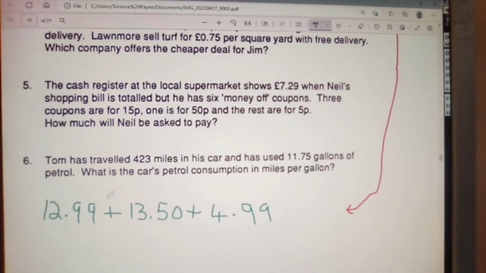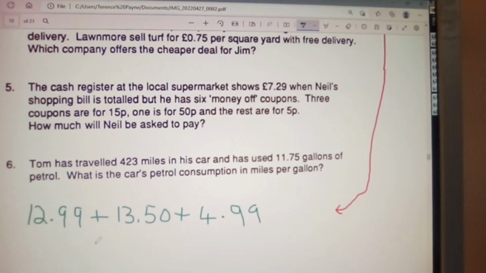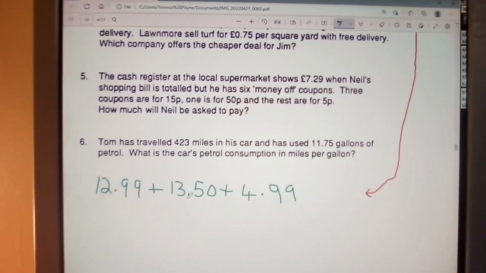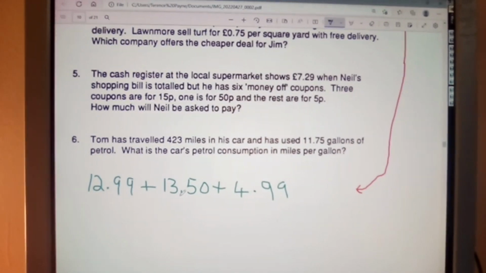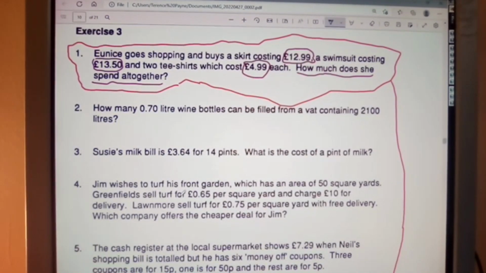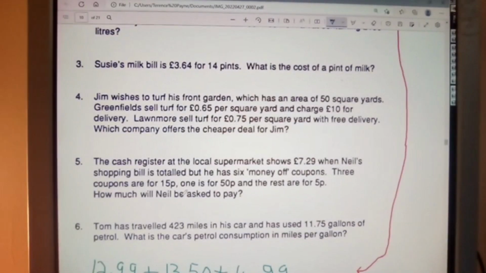Now we have to add up this total figure, so it's important that we add this up. Let's set it down in a manner that we can calculate it in. We're going to set it down in the mathematical format for addition.